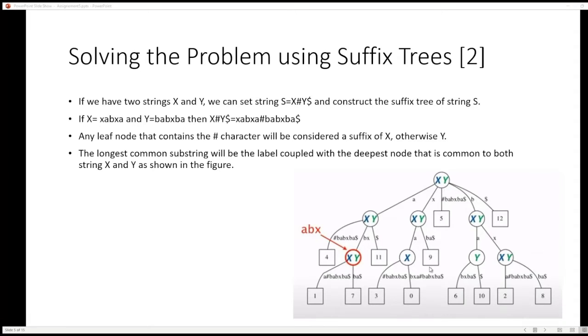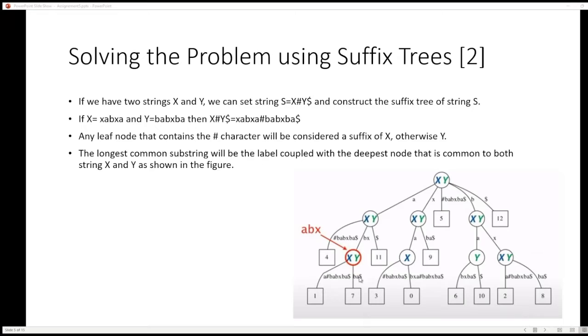So we usually start at the bottom. Let's say we take this node since it has two leaf nodes. The first leaf node out of these children is #BAXBA. So this one will belong to suffixes of x since it starts with a character of x and ends in y.